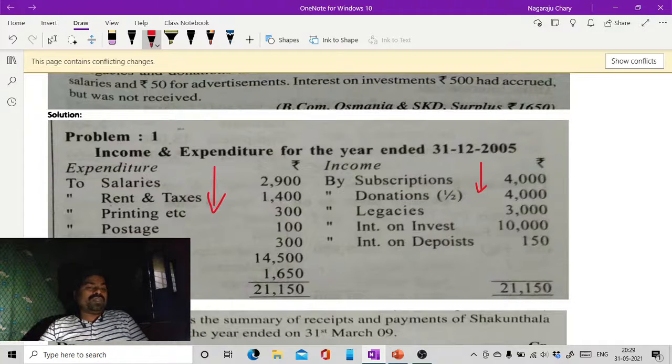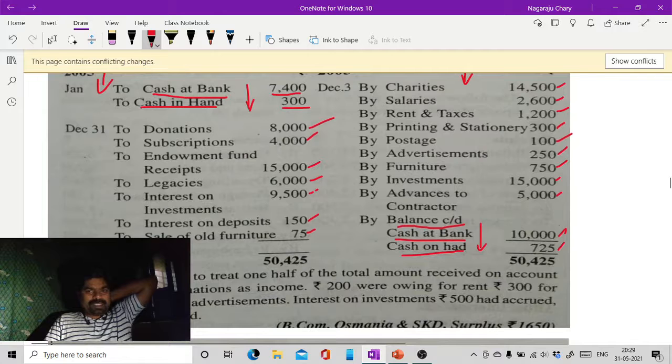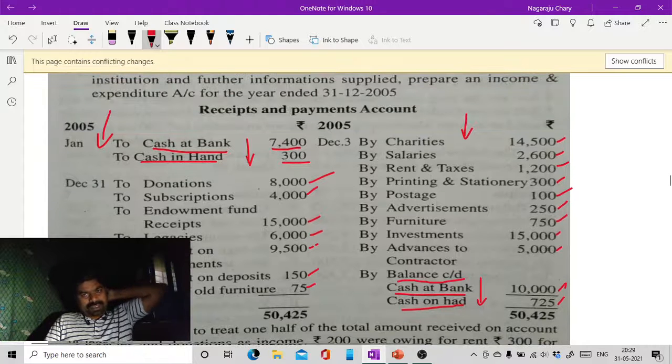That's why expenditure and losses are recorded on the debit side, and income and gains on the credit side. Of course, the pro forma is given to us, and according to the pro forma you have to prepare. So if it is expenditure, simply you have to write it.